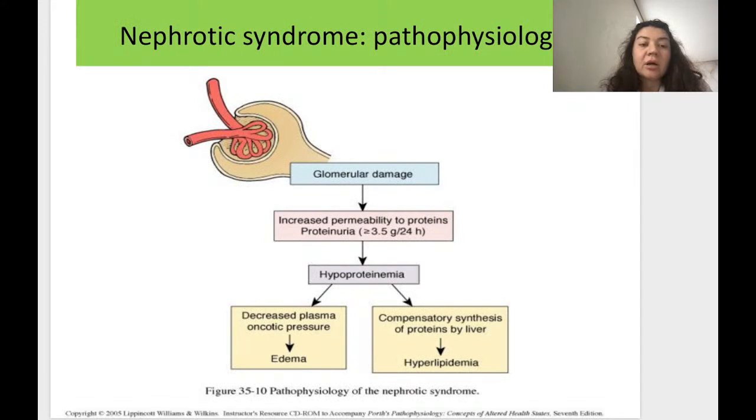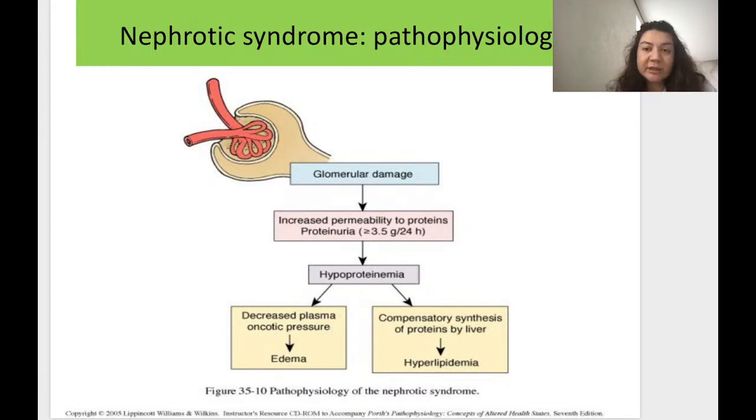Pathophysiology. It's just a reminder for you that the structural unit of the kidney is the glomerulus. It looks like this. It is a complex of small capillaries that filtrate primary urine from the blood in the glomerulus. When damage of this glomerulus, this primary unit, occurs, it leads to increased permeability to proteins and leads to proteinuria, or loss of proteins in urine.